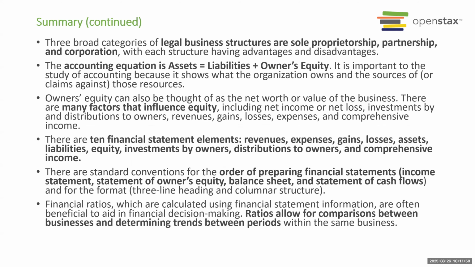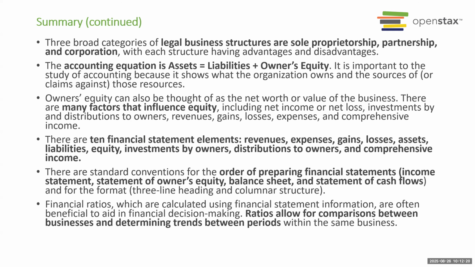We talked about the three categories of legal business structures, proprietorship, partnership, and corporation, and the advantages and disadvantages of each. We talked about the accounting equation, assets equal liabilities plus owner's equity, and its importance. Owner's equity can be thought of as net worth, and there are many factors that influence the equity.